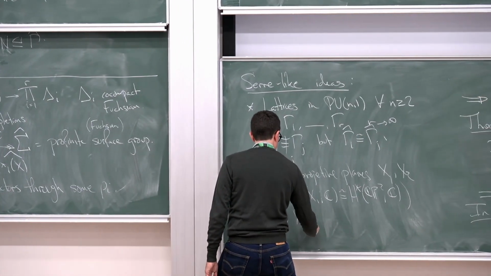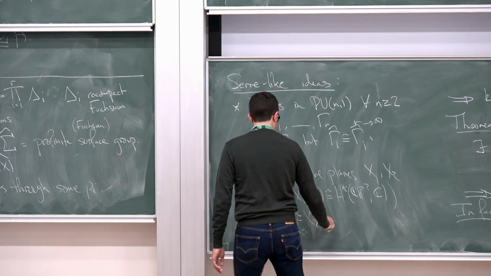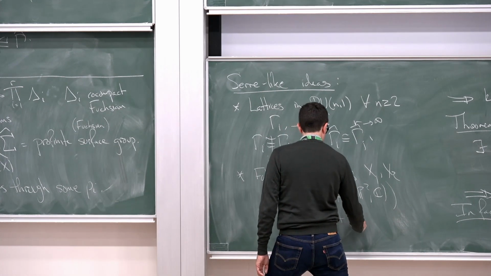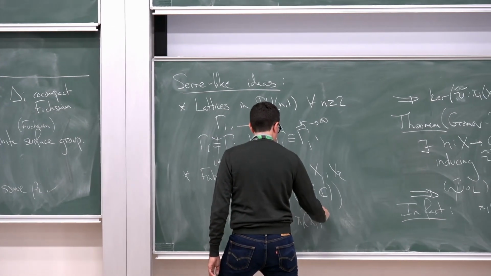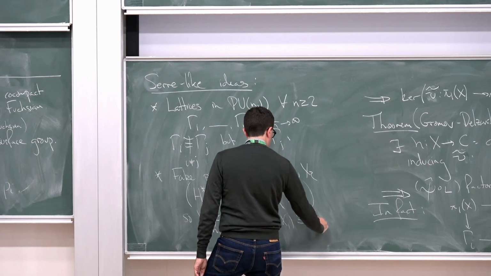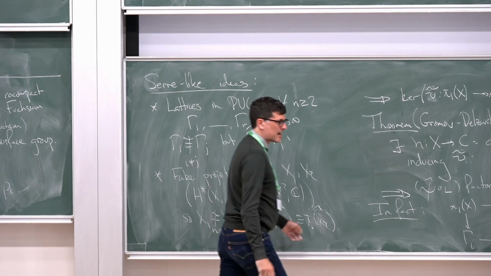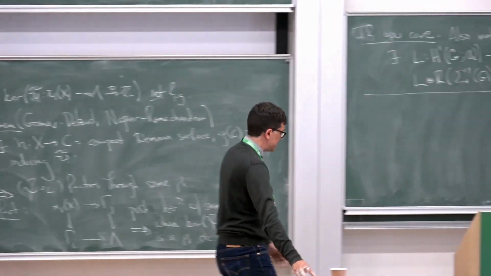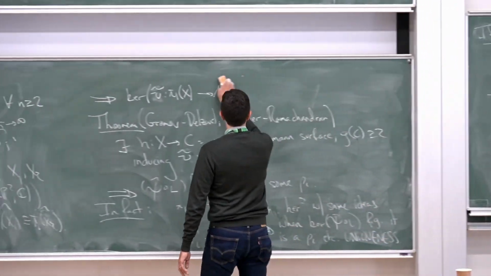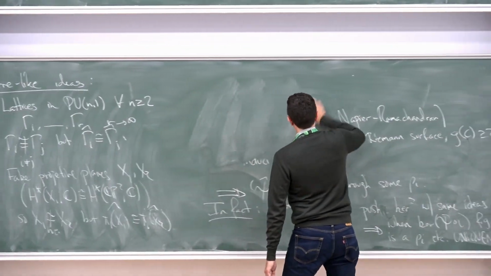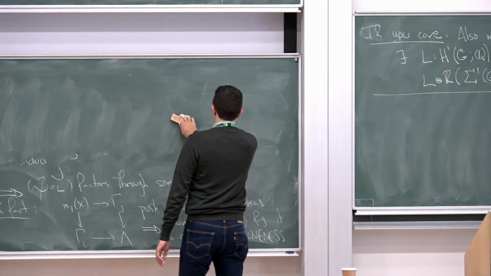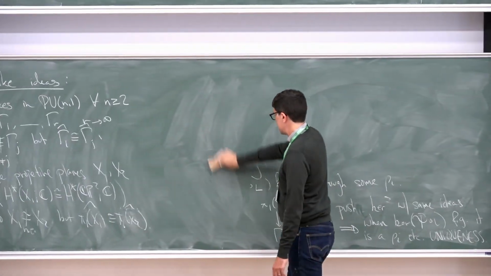X1 is not homotopy equivalent to X2, but the fundamental groups have the same profinite completion. And the thing I liked about these, there should be some more interesting mileage out of this, I think, but I can never quite get there.